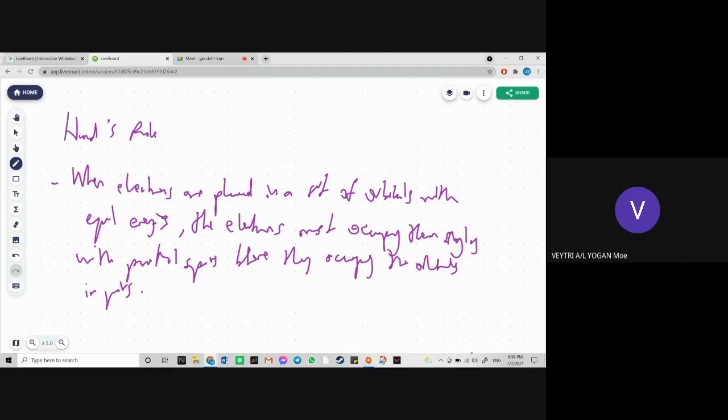Let me read it out again. Hund's rule states that when electrons are placed in a set of orbitals with equal energies, the electrons must occupy them singly with parallel spins before they occupy the orbitals in pairs.